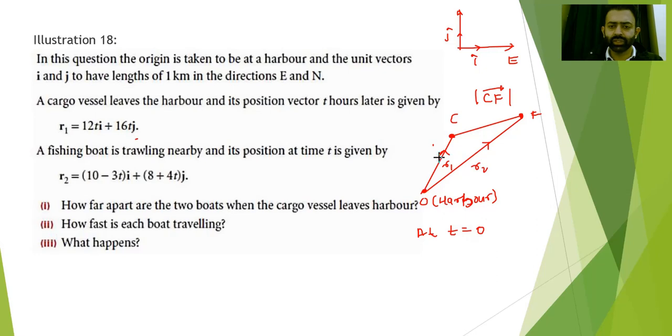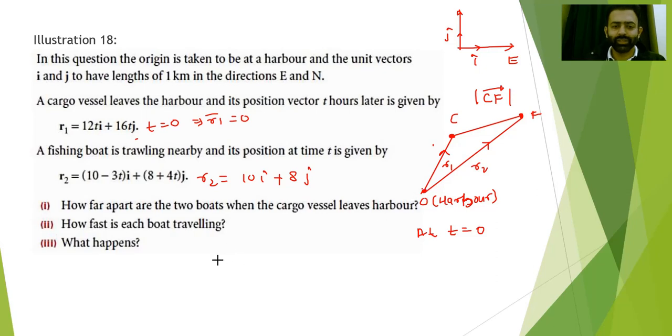At t equal to 0, this cargo vessel is at the harbor only, right? If I put t equal to 0 in position vector r1, you will get r1 as 0. That means this cargo vessel is at the origin, and r2 at t equal to 0 is 10i cap plus 8j cap. So at t equal to 0, CF is just OF, meaning C reduces to O, because the cargo vessel is at the origin, at the harbor.